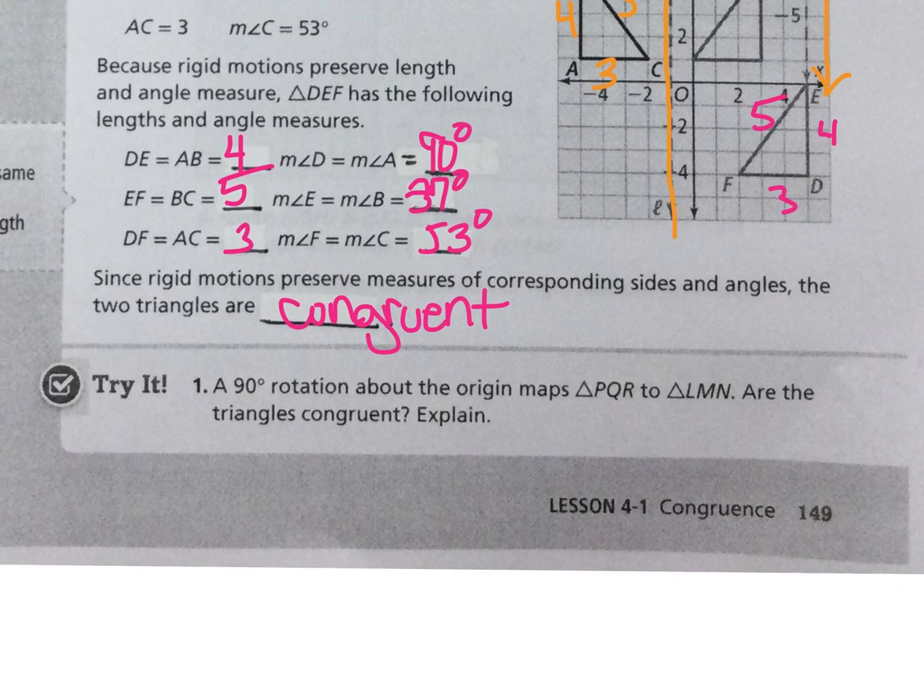So it says a 90-degree rotation about the origin maps this triangle to that triangle. Are the triangles congruent? Yes, they are, because a rotation is a rigid motion.